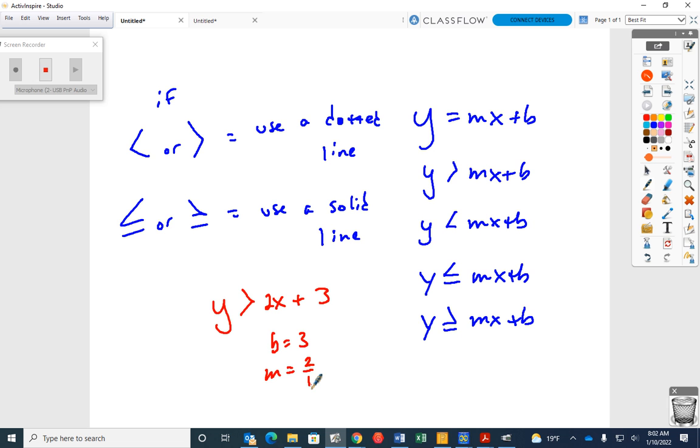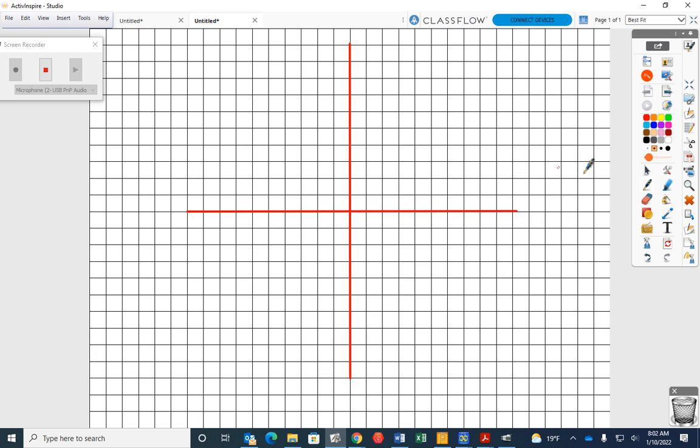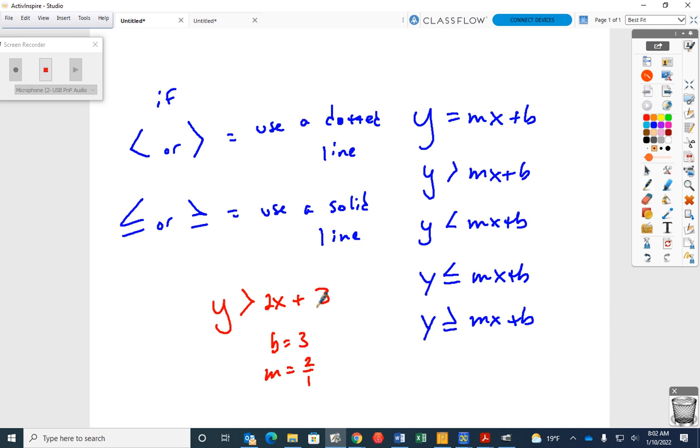Now let's go to our graph and put these values in. I have a y-intercept of 3, so that's going to be 3 on my y-axis. I'm going to put a point here. And what was my slope? 2 over 1. So from here, I'm going to go up 2 and over 1. So far, everybody understands what we just did, right? Now, the next part: was this just greater than or less than, or was this greater than or less than or equal to?